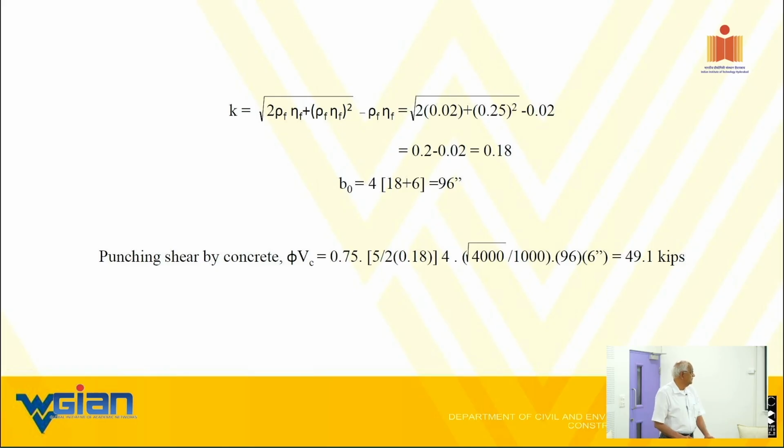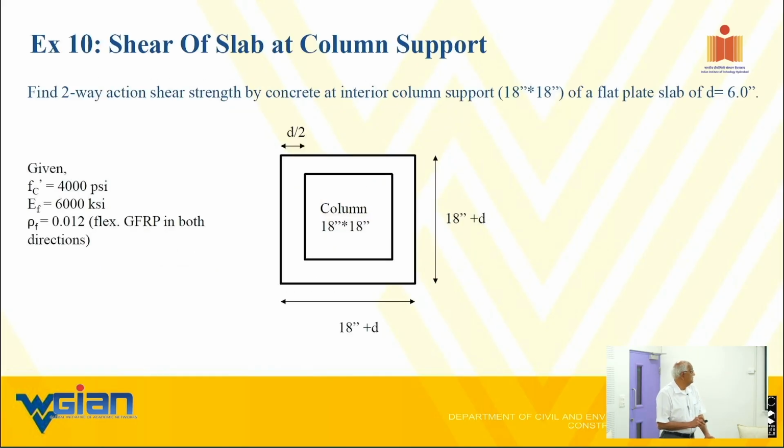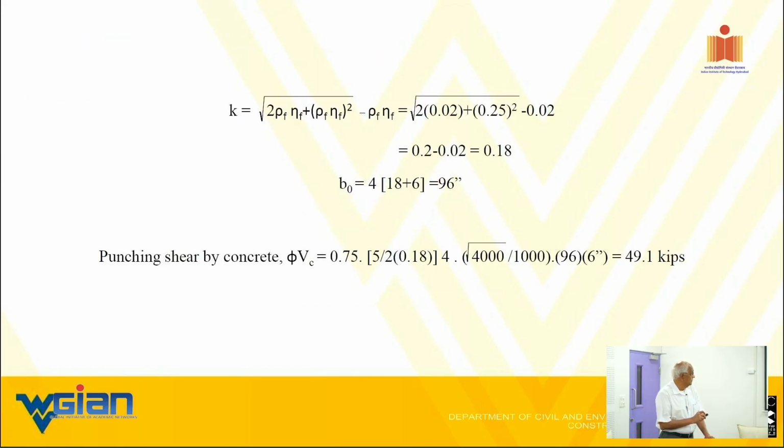And if you go back, the b0 is the perimeter of the shear area. That is the shear perimeter, and that's what we are showing there. b0 is 4 times 18 plus 6. So that 4 comes from the perimeter.